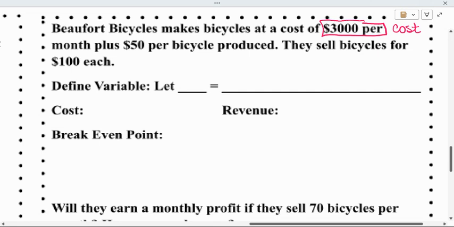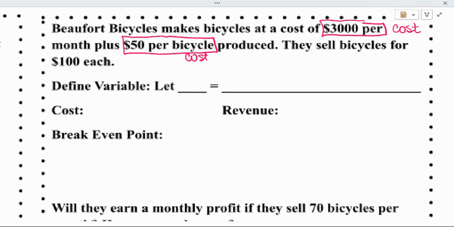Brianna, what is another cost? It's going to look like something that they pay to produce something. Yeah, this is another cost. Notice that the first cost that we talked about, that 3,000, is just that amount that they have to pay each month. But then that $50 is for every single bicycle.